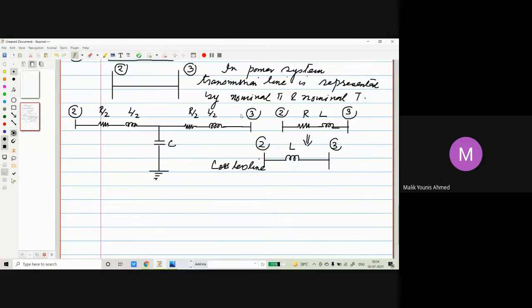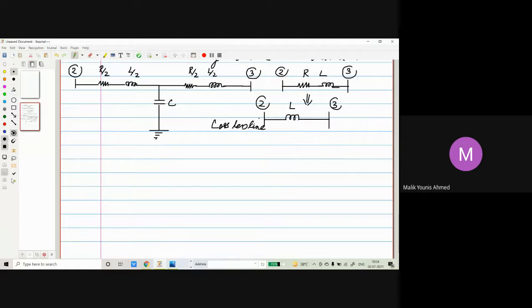Okay, on similar grounds, if we have to draw a pi model, this is the figure for the T model. Now similarly, if we have to draw this for the pi model, like this, this is for the pi model.